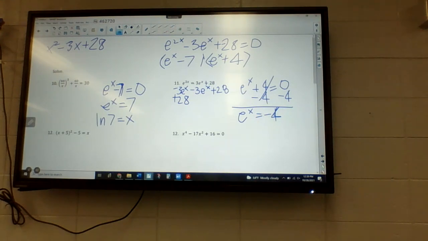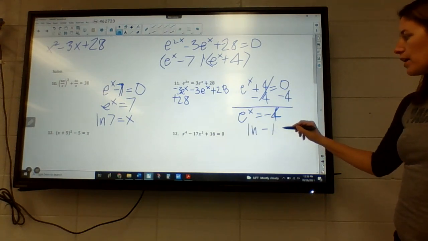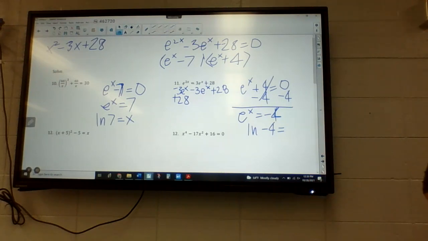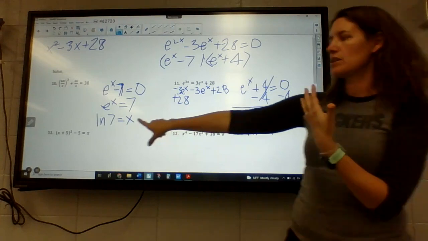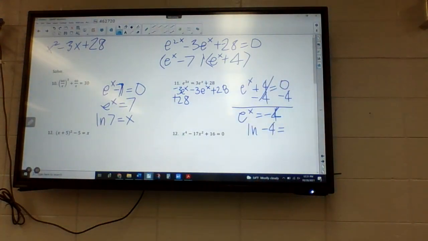There's no number you can come up with that e to that power will equal -4. So when you try to do ln of -4, you're going to get an undefined or domain error. Something on your calculator will freak out on you that says it's not okay, and that's not possible. So this one isn't a valid solution, whereas this one is like a decimal. Okay?